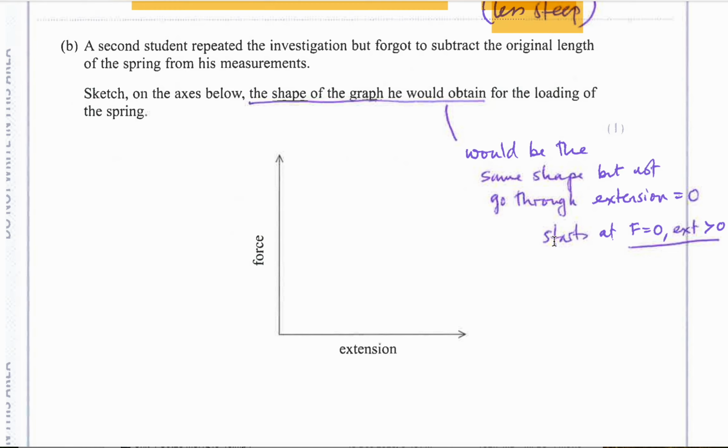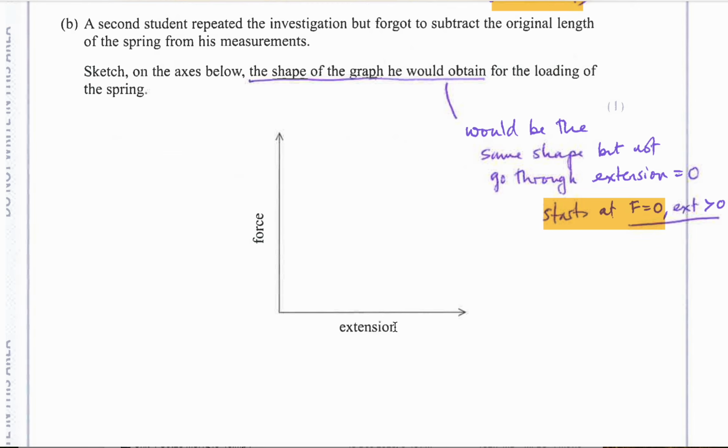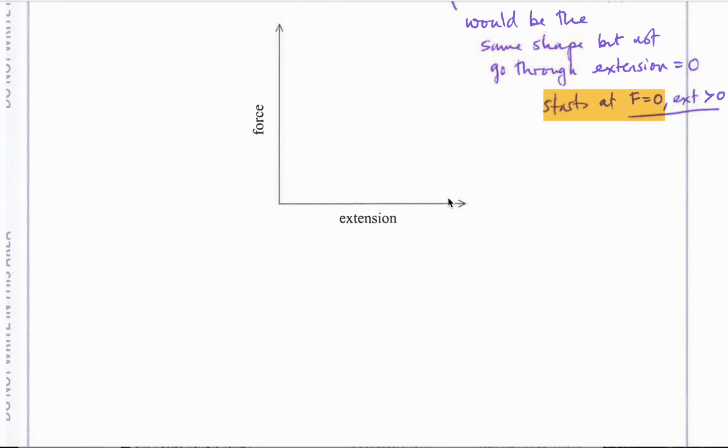There will be an intercept on the axis. So it starts at F equals 0, but extension would not be 0 because he is basically showing the length rather than the extension because he didn't remove the original length. So it will not go directly proportionally. It will go this way. I haven't drawn it, but the wording should help you understand that.